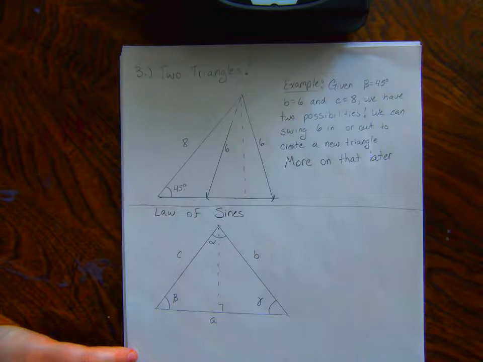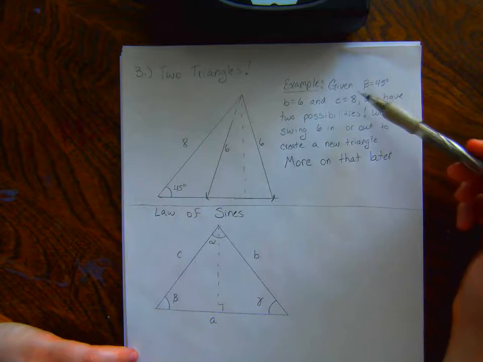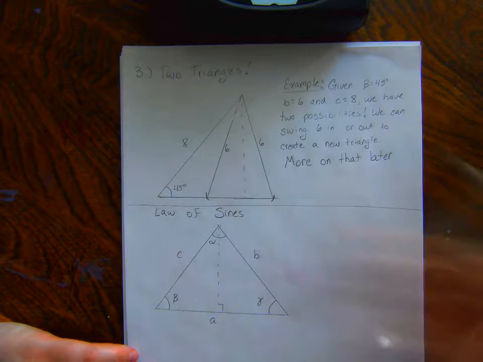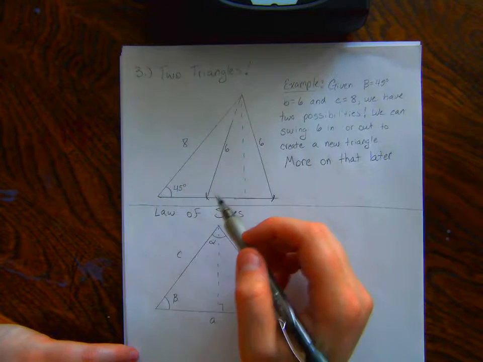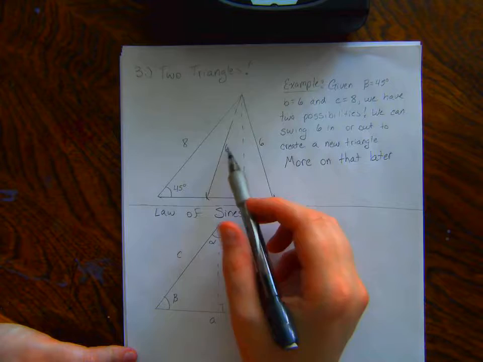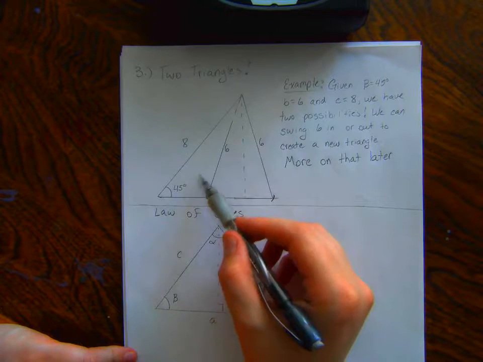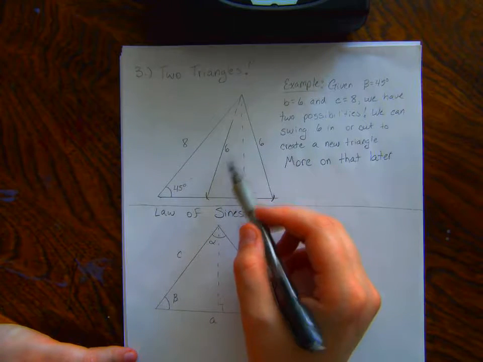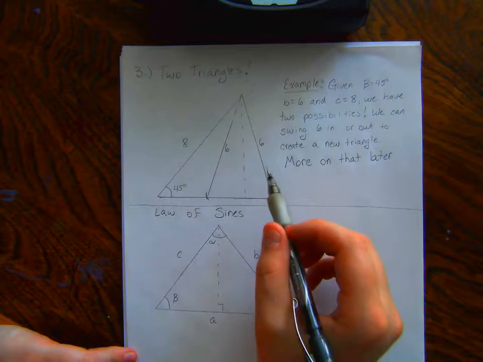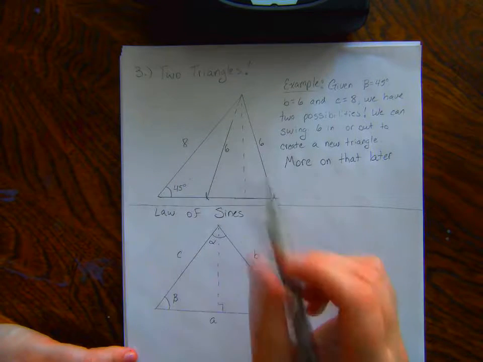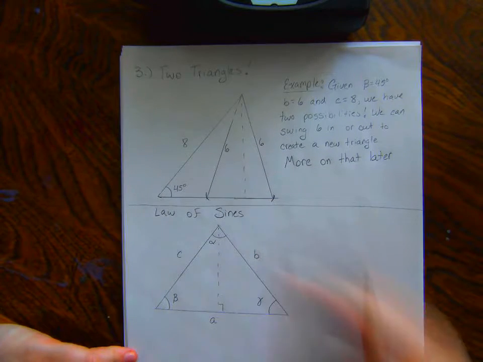So an example is, say we're given that beta is 45 degrees, so this is our angle here, and side length B, the side opposite of beta, is 6, and C, one of the sides adjacent, is 8. Then we have two possibilities.